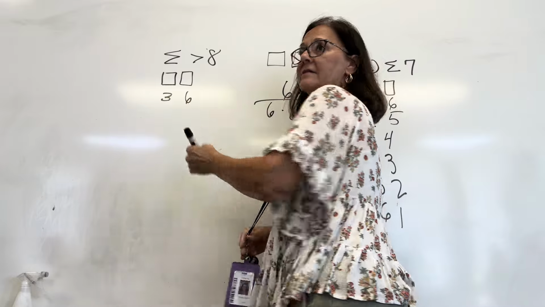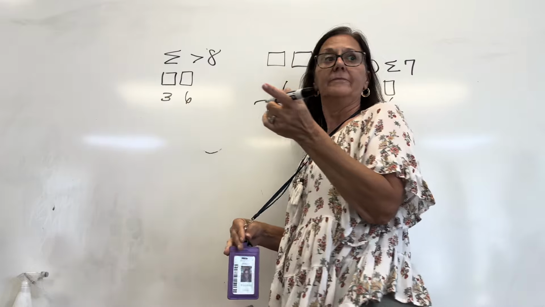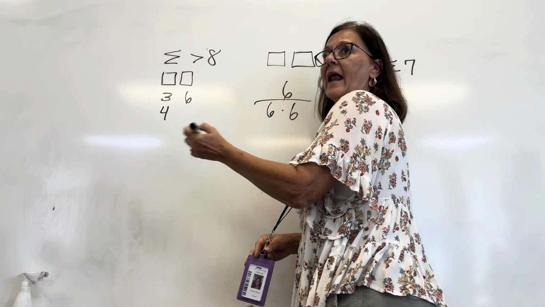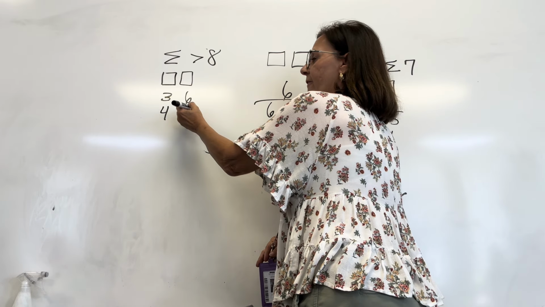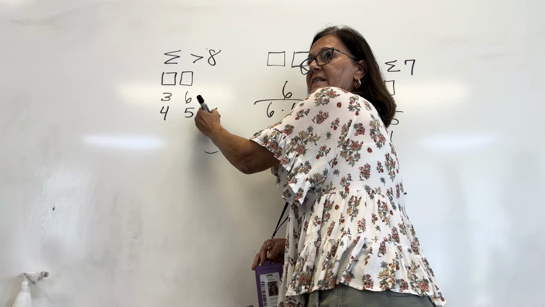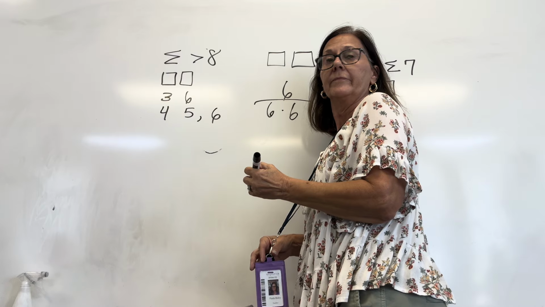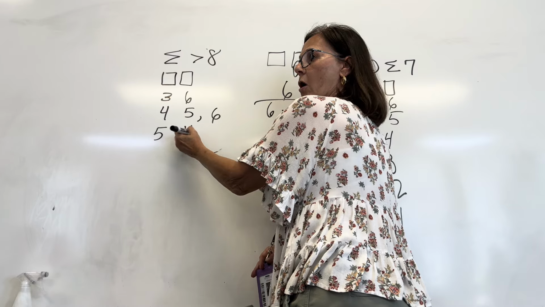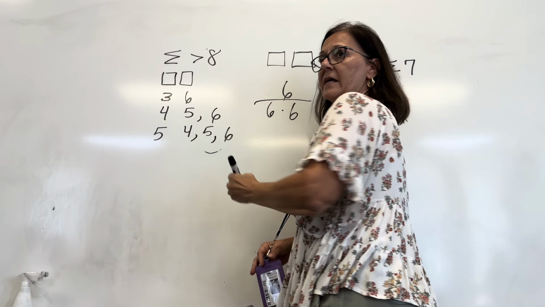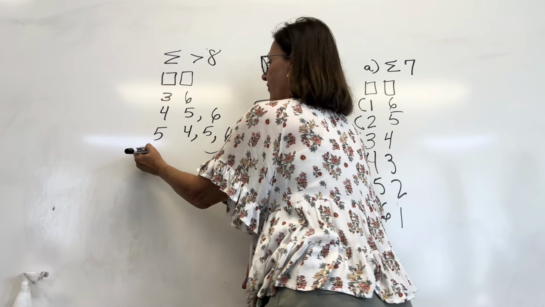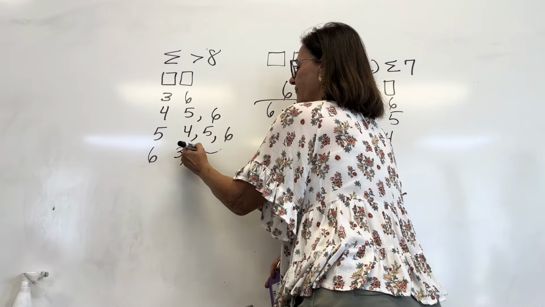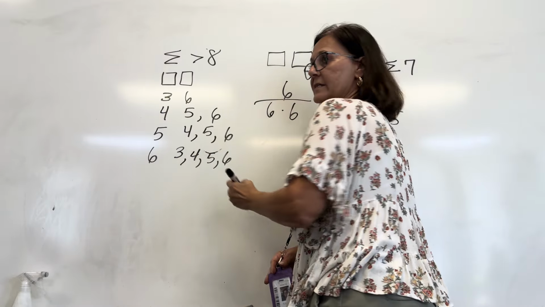Only the 6 is greater than 8. What if I roll a 4? Yes. Then I could get a 5 or a 6. What if I roll a 5? Yes. Then I can get a 4, a 5, or a 6. What if I roll a 6? Yes. Then I could get a 3, a 4, a 5, or a 6.